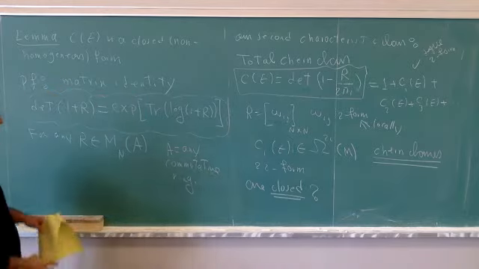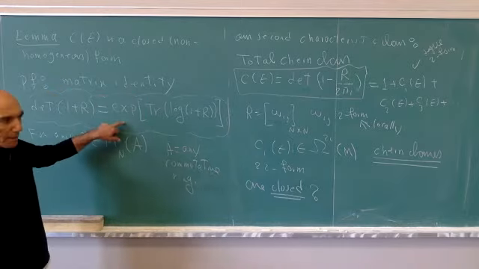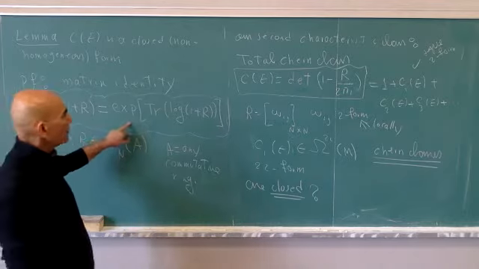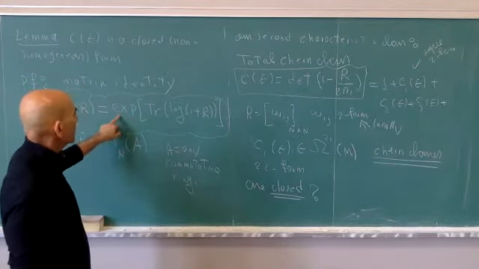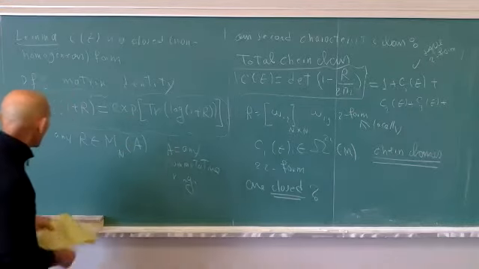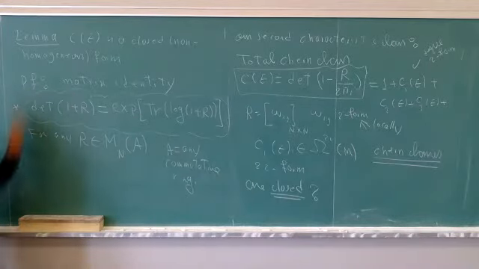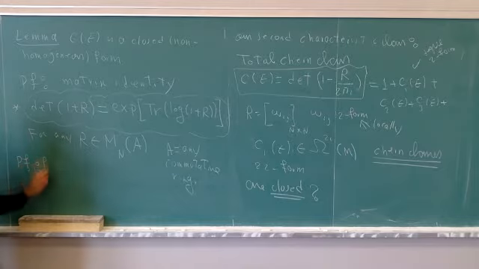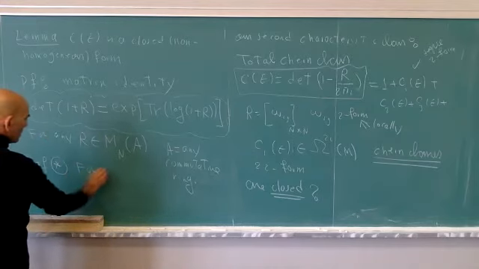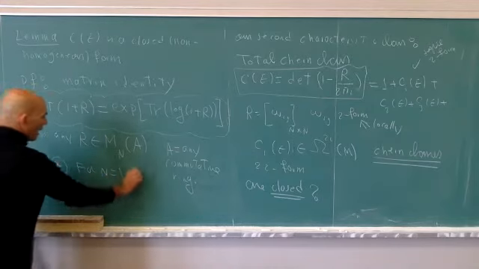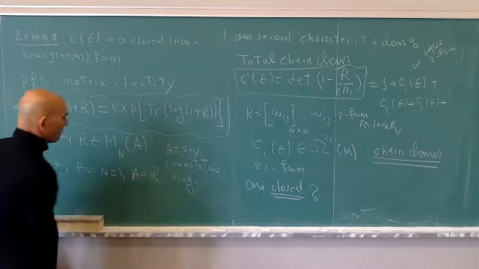Let me first indicate the proof of this, and then I will show you how ideas that we used can be applied to prove this. Proof of star. Let's first do it for n equal to 1 and A equal to x, for example.